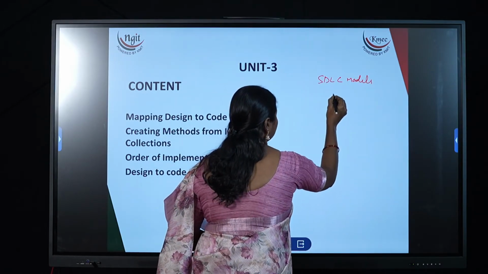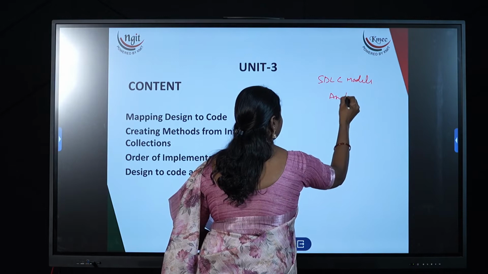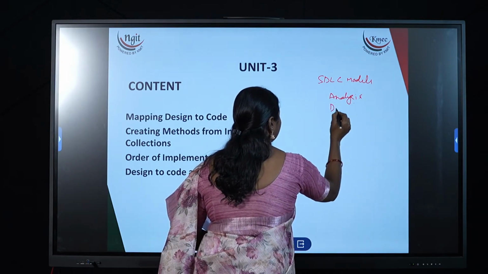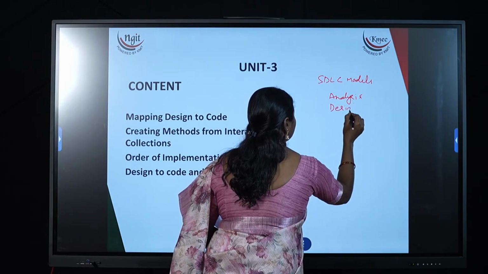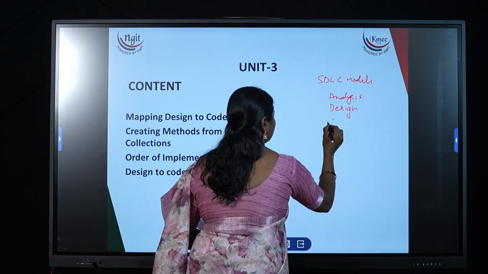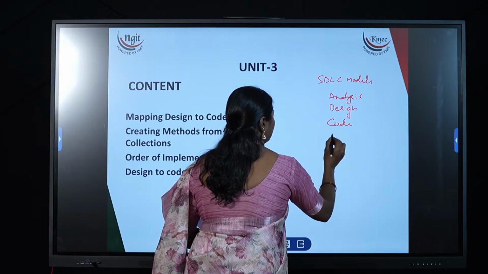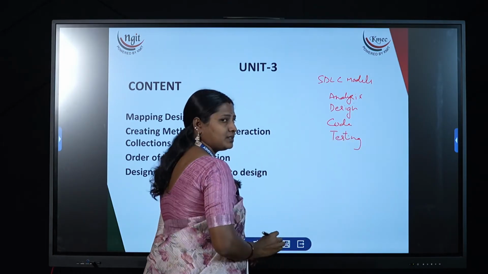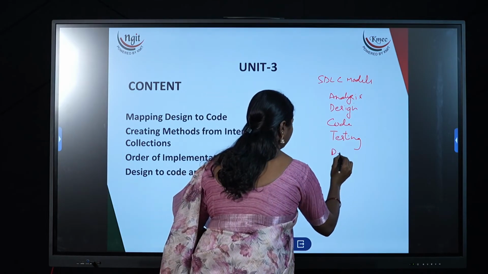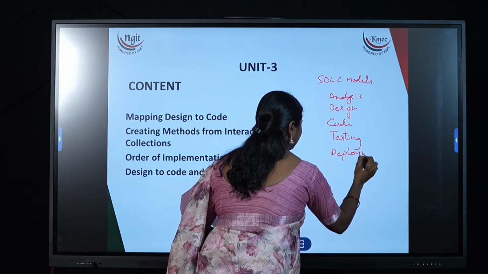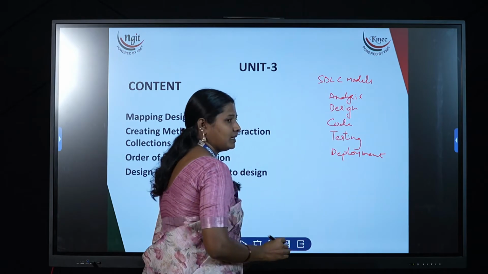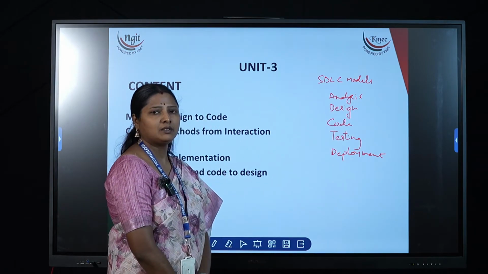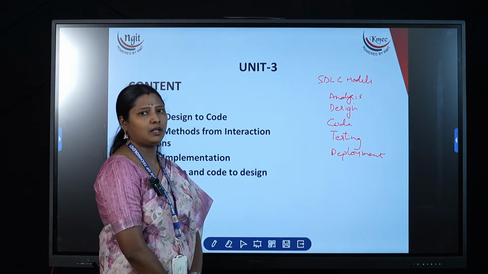The first stage is analysis, the second stage is design, the third stage is developing the code, the fourth stage is testing, and the fifth stage is deployment. That is the end result. These are the major stages in the software development life cycle model.